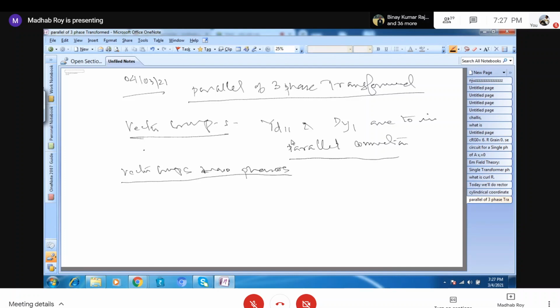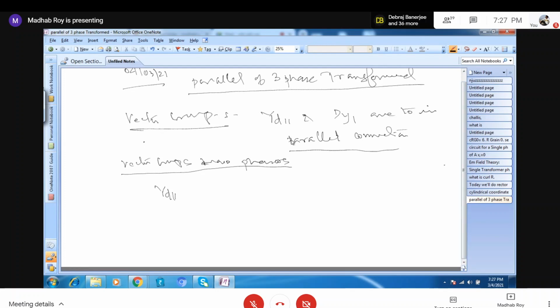So here, in the first part, YD1, what have we already taught? How to draw the YD1? First of all, consider that the phase sequence is A B C. Y is the high voltage side, so we can draw the A phase here, and name its two terminals A2, A1.